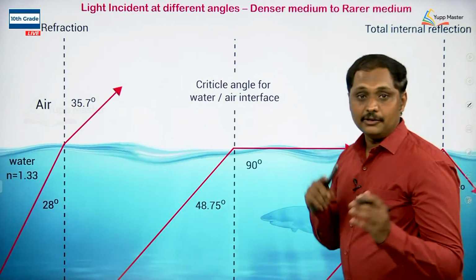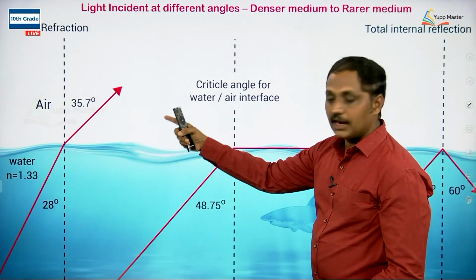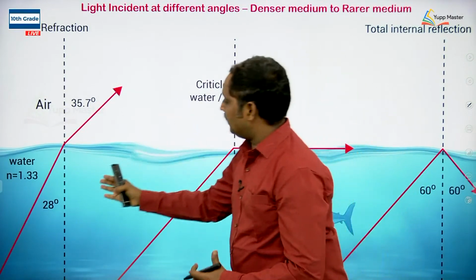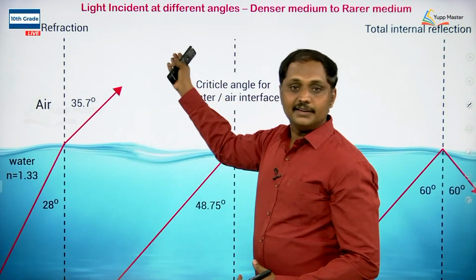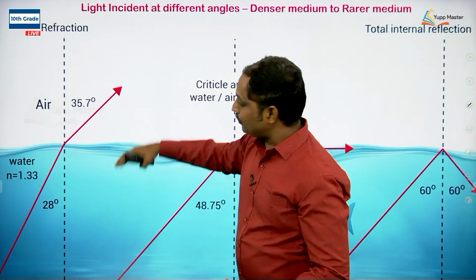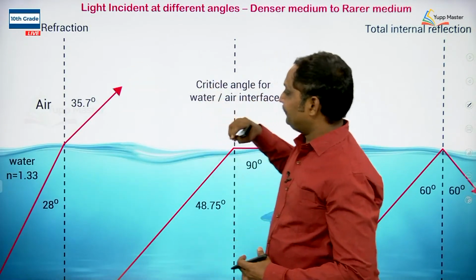Yes, please have a look. First case, we have made the light ray incident at a particular angle. It is refracted from water medium to air medium, that is, denser to rarer medium.